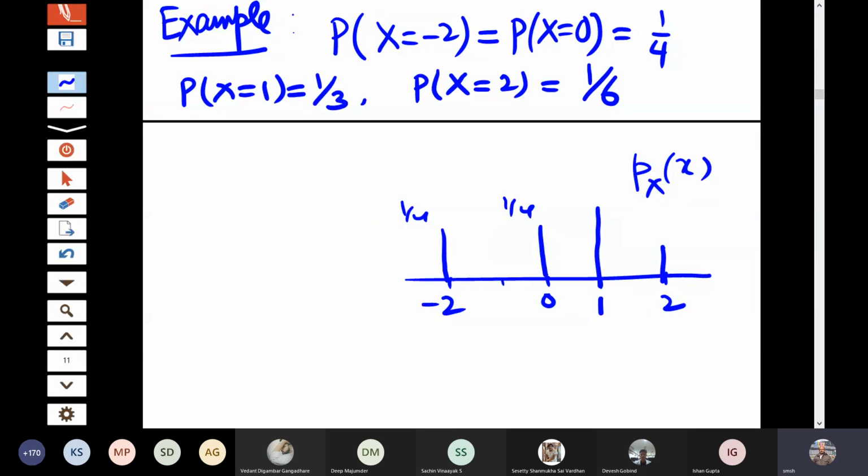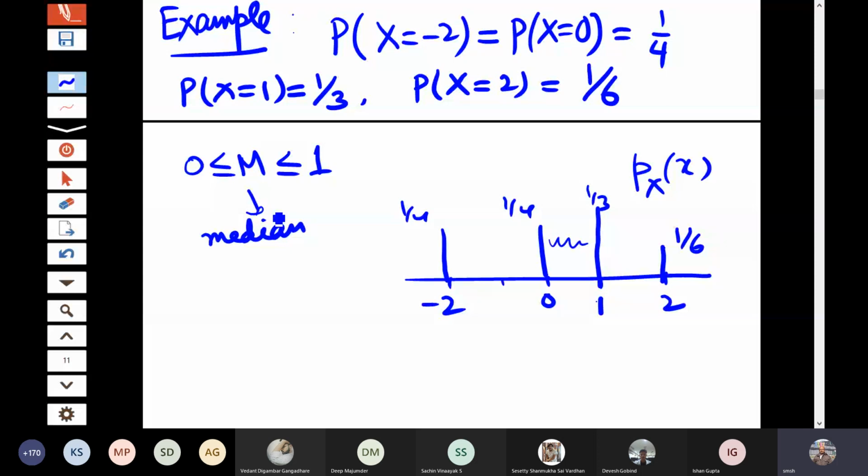If I start from the right hand side, then I have probability 1 by 6 at 2 and the probability 1 by 3 at 1. So if I add the 2, it is becoming half. So from the right hand side, the probability half is attained at the point 1. So that means if I consider any point in the interval 0 to 1, it can be treated as a median. So 0 less than or equal to m less than or equal to 1 here, median.